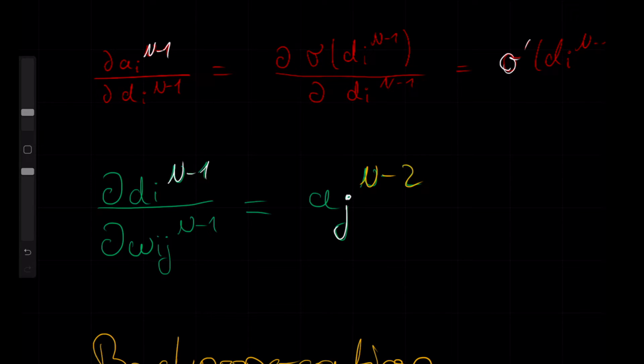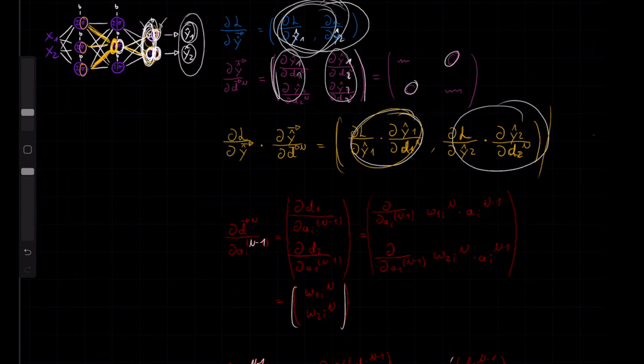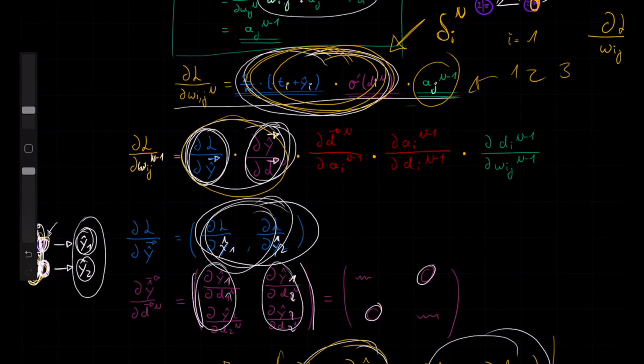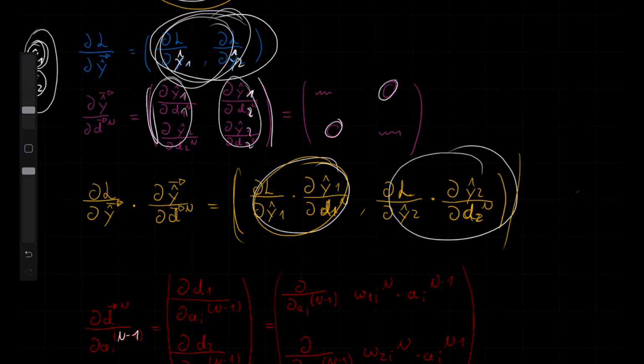Okay, so let's look back at our big equation for the second to last layer. We have this part here. This was the vector of error signals from the first layer that we considered. So these here are error signal 1 in the nth layer, and this is the error signal of the nth layer, also the second one.